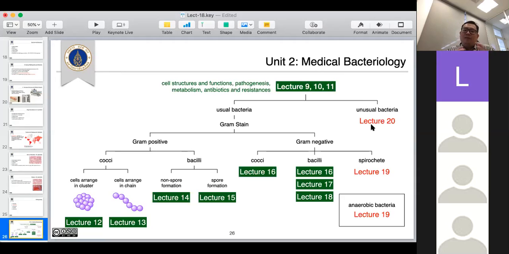Okay, that's one group. We refer to mycoplasma, ureaplasma. And another 2 groups are bacteria that behave like viruses because they are obligate intracellular parasites.